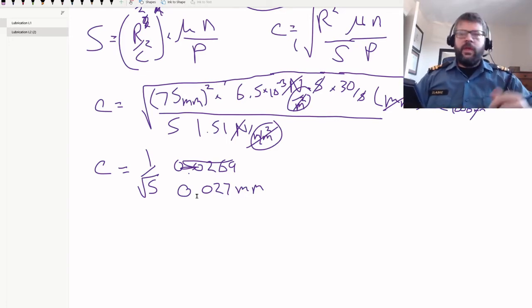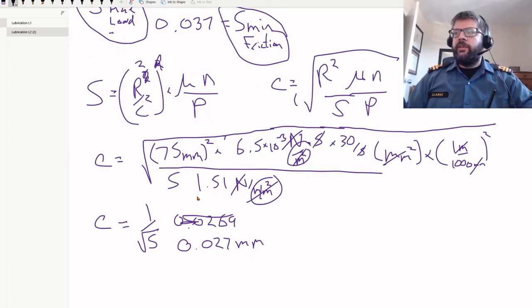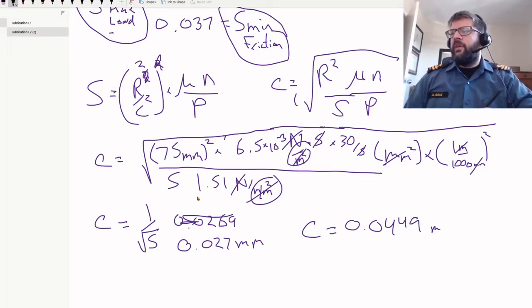That gives us a radial clearance of 0.0449, 9, not 8, millimeters.